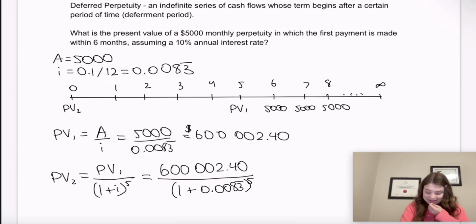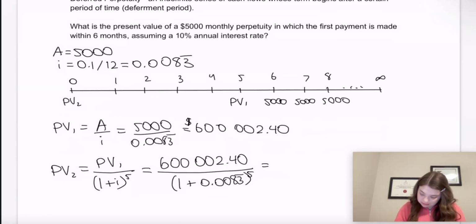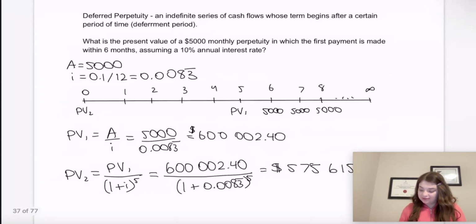So let's put that into our calculator. And that is going to give me $575,615.44. That might seem like a big difference, right? That's almost a $25,000 difference.